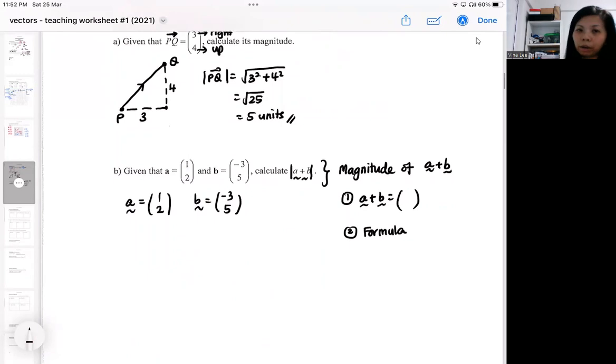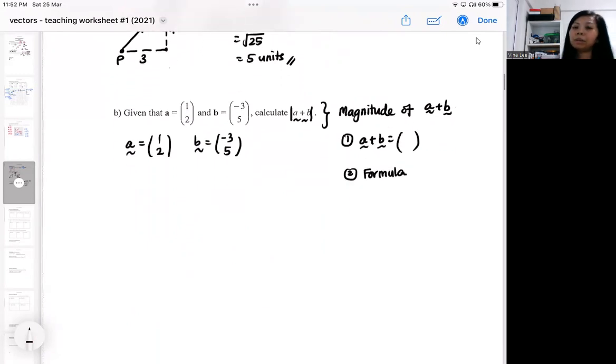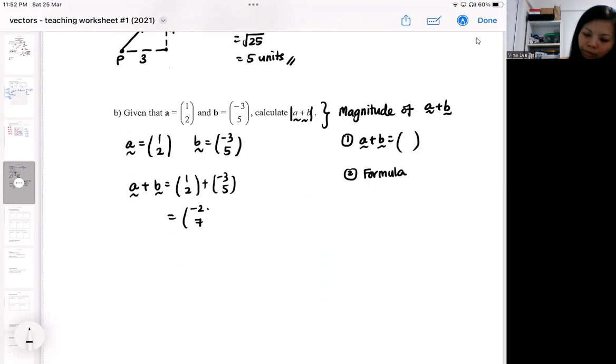Okay, so I show you the correct one first, and then I show you what some students sometimes do. So I should add the vectors first. Adding the vectors is like your matrices. You add according to the position: top plus top, bottom plus bottom. Then you find the magnitude.